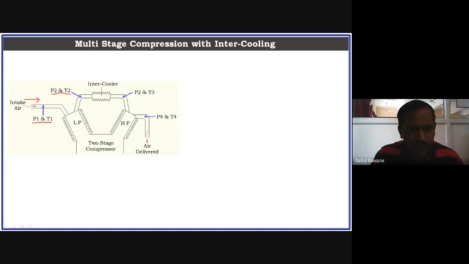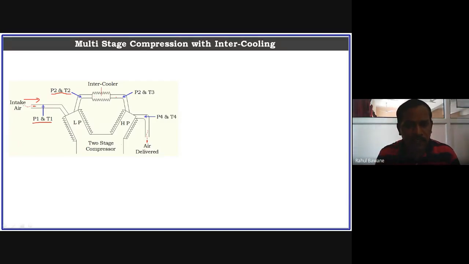So what we did, after P2 and T2, that means the outlet of the LP cylinder, we pass through an intercooler. There are many types of intercooler: air cooled intercooler, water cooled intercooler, liquid cooled intercooler, even a refrigeration system is adopted to intercool. So when the outlet of the LP cylinder passes through the intercooler, the intercooler reduces the temperature of this compressed air.